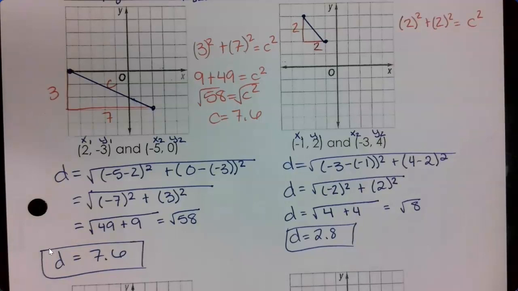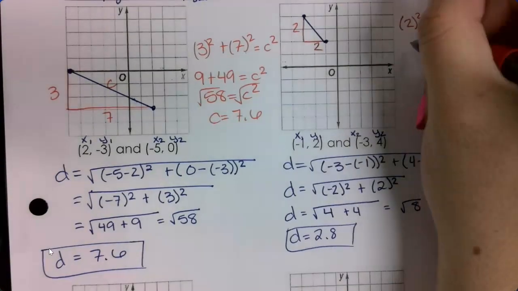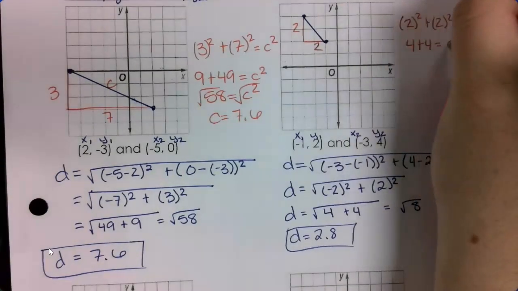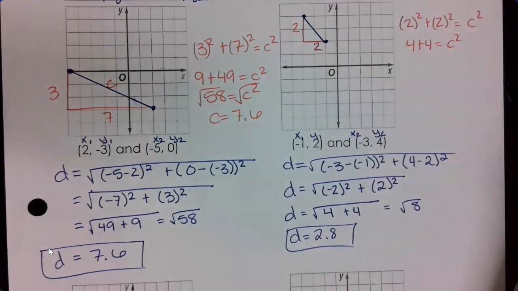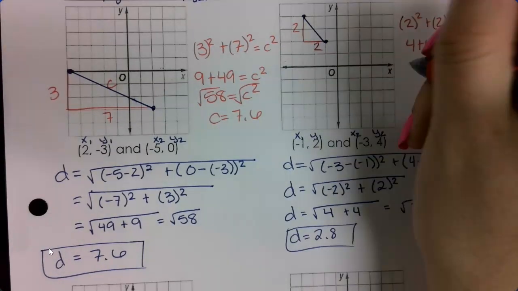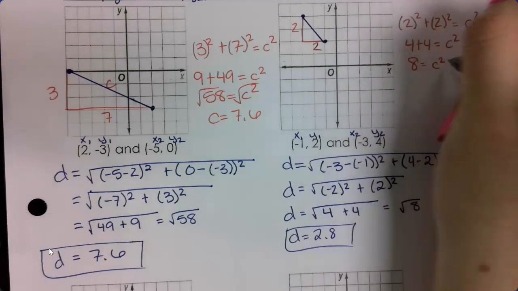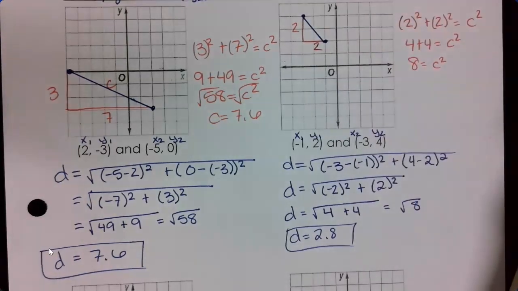So I have 4 plus 4 equals c squared. Four plus 4 is... And I want to go ahead and do what to get c alone?